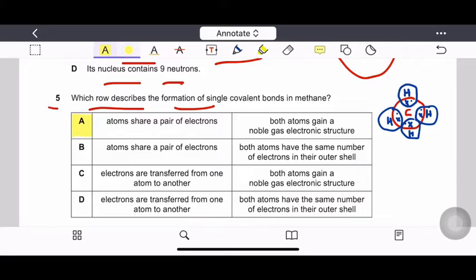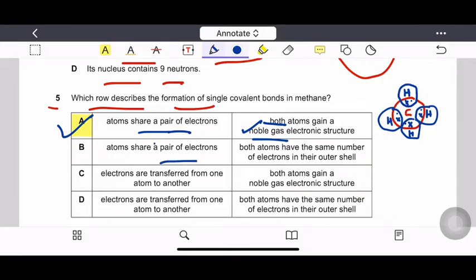Option A, atoms share a pair of electrons. Both atoms gain a noble gas electronic structure. This statement is correct because they are sharing a pair of electrons and both atoms gain a noble gas electronic structure. This is correct.